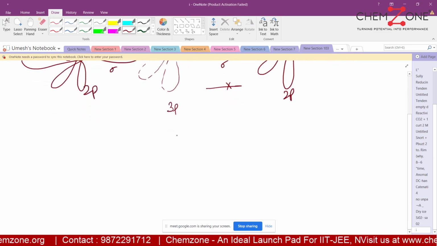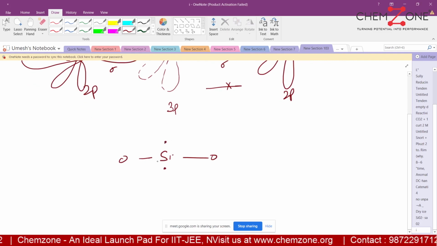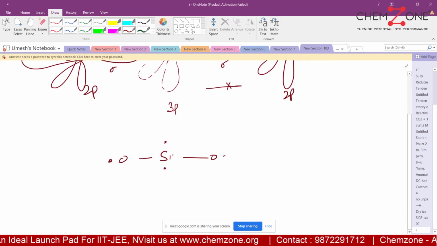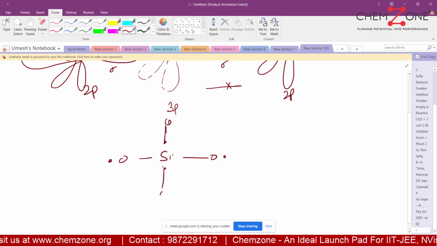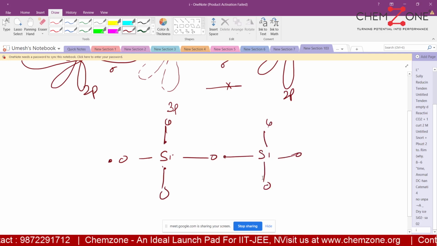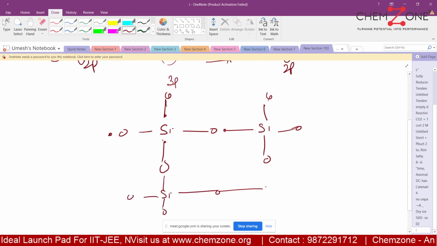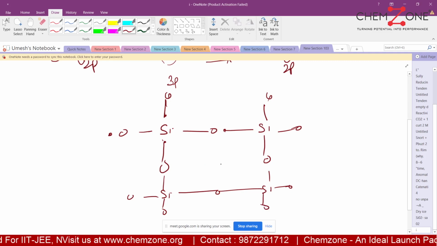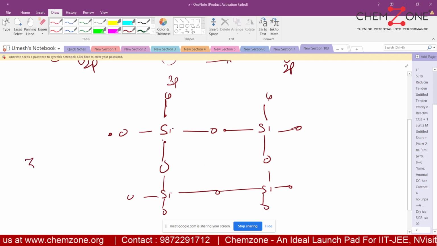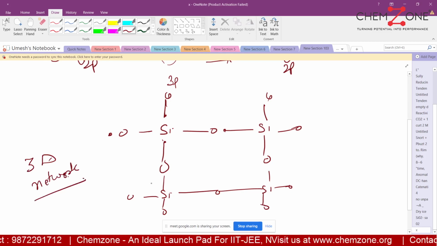So what do they do? This silicon makes sigma bonds with two oxygens, and two valencies are left unsatisfied here, and oxygen has one more unsatisfied valency. They combine with more oxygen by sigma bond, and with more silicon by sigma bond. All the bonds are sigma bonds, so it continues and gives rise to a three-dimensional network, and that is why it becomes solid.